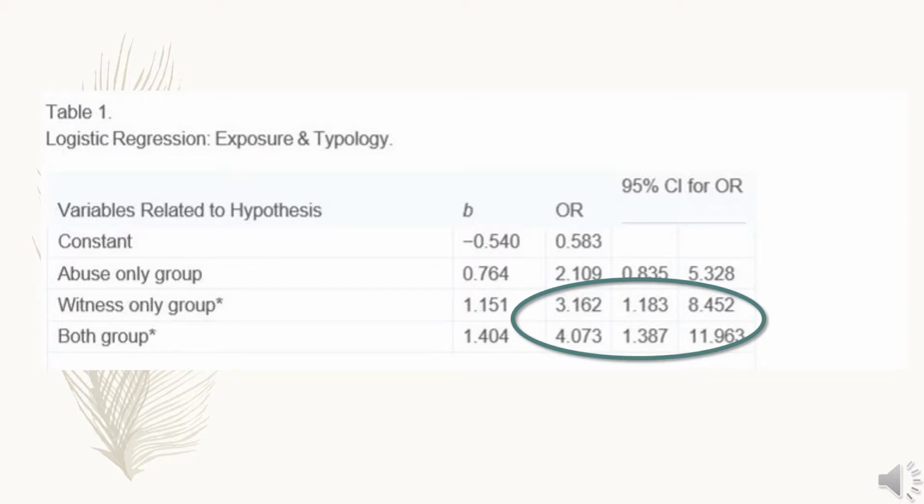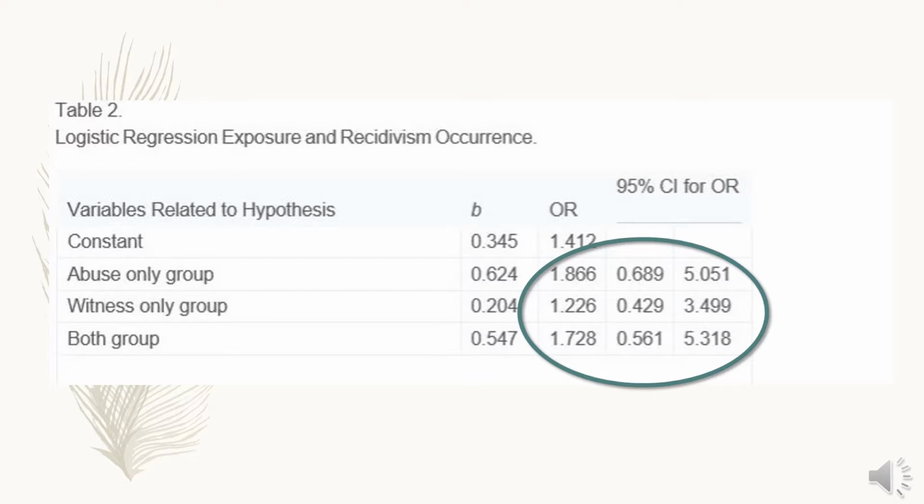When each group was compared to the other groups, instead of only compared to the non-group, those in the witness group were 1.84 times more likely to be classified as general violent offenders, and those in the both group were 2.37 times more likely to be classified as general violent offenders. In Table 2, we can see that the researchers wanted to analyze exposure and recidivism occurrence.